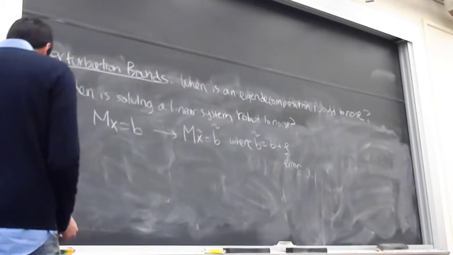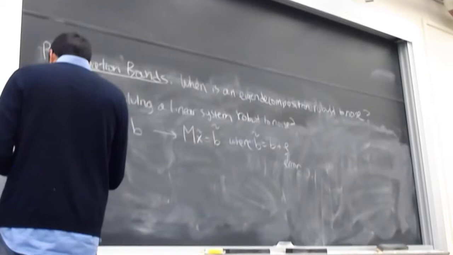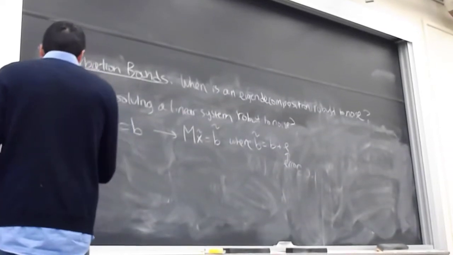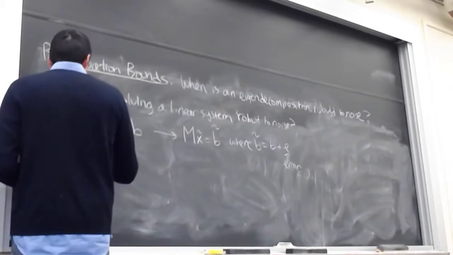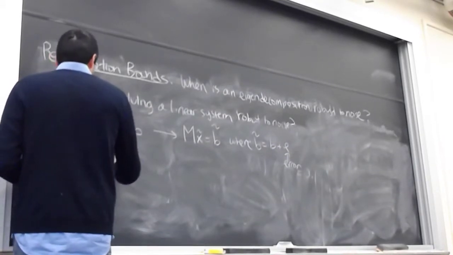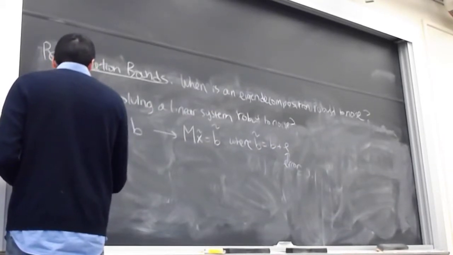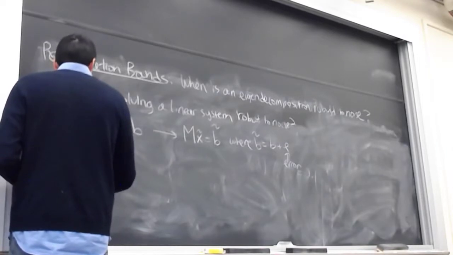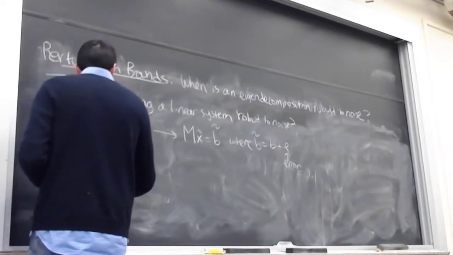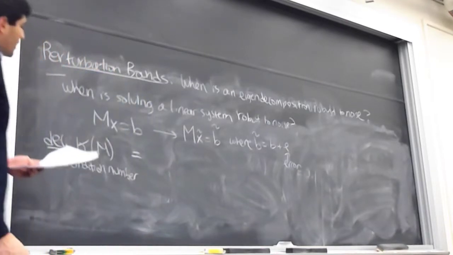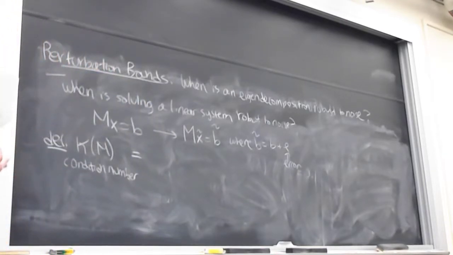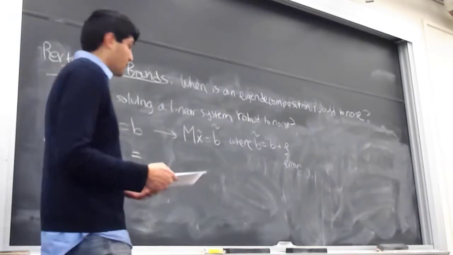In fact, one of the crucial definitions, this is the basics of numerical analysis that we'll need, is what's called the condition number. The thing that you should remember, the takeaway, is that it's the condition number which governs the stability of a linear system.